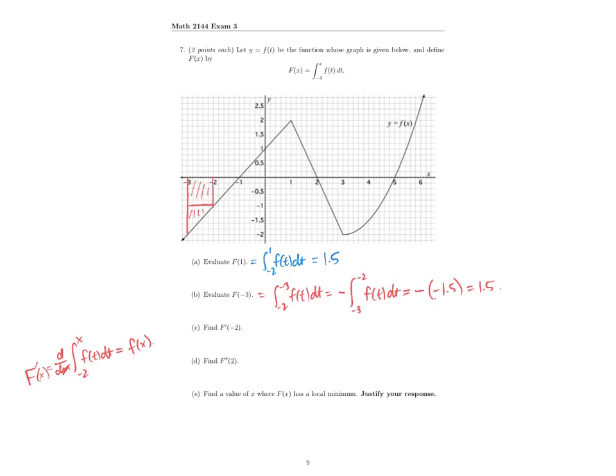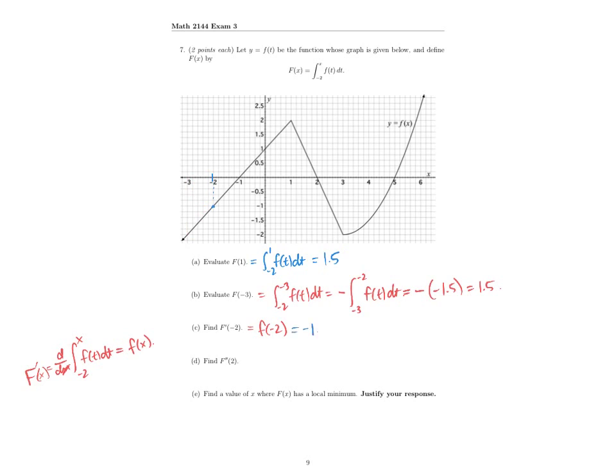So F prime of -2 is going to be little f of -2, and I can find that value here. I can see little f of -2 is -1.